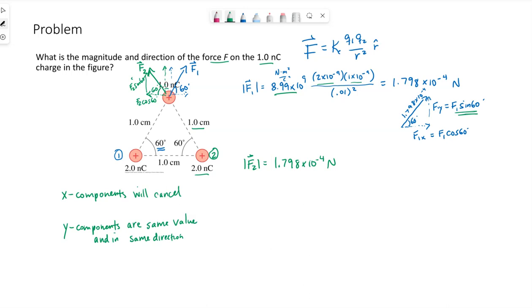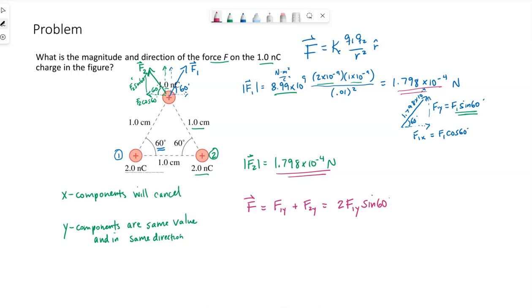So the overall force on this 1 nanocoulomb charge is going to be F1y plus F2y. And that's because the x components canceled. But since F1 and F2 have the same magnitude and the same angle, the 60 degrees, we can just take 2 of either one times the sine of 60.